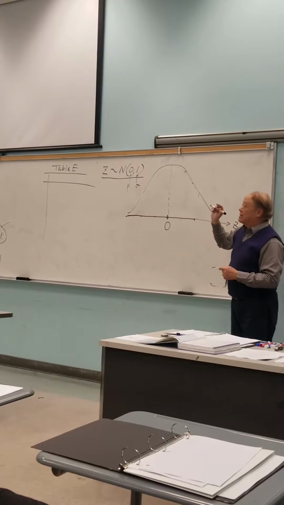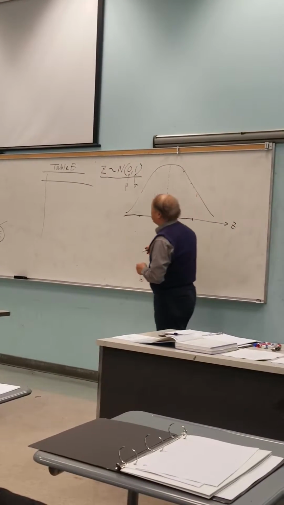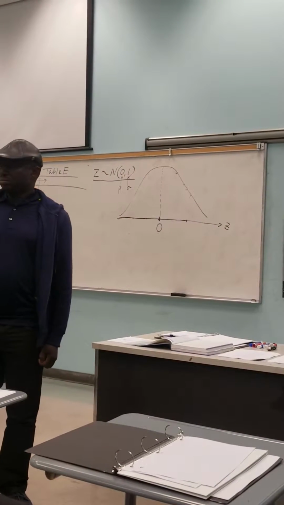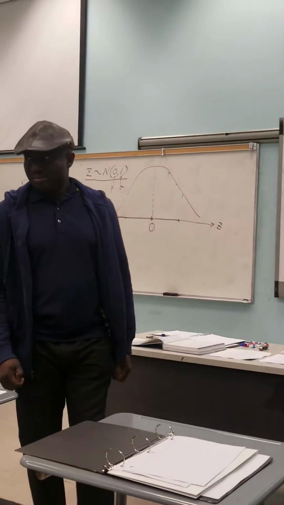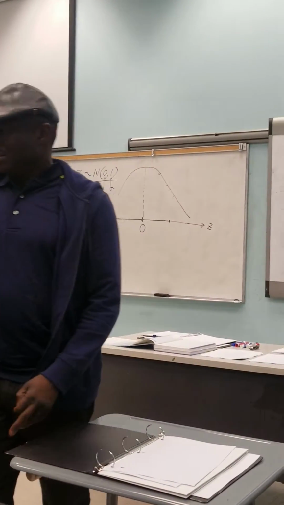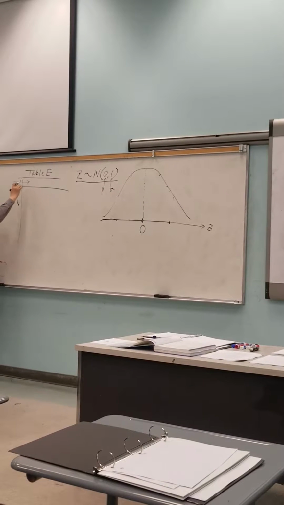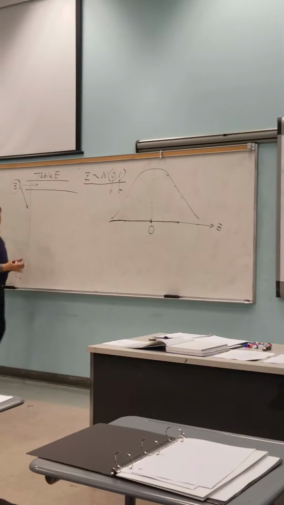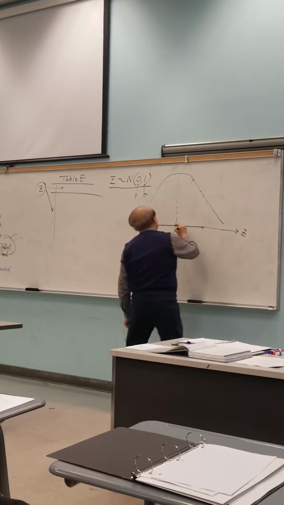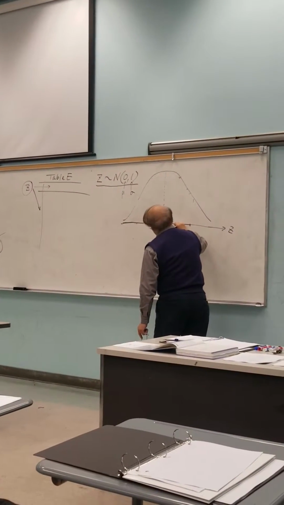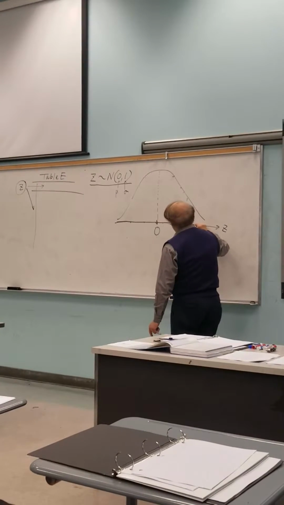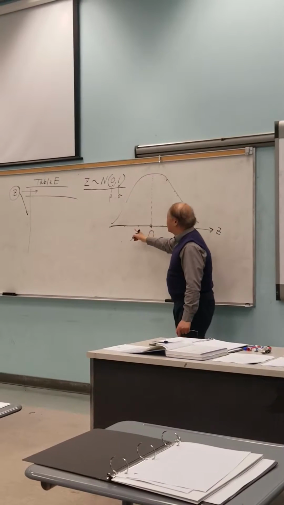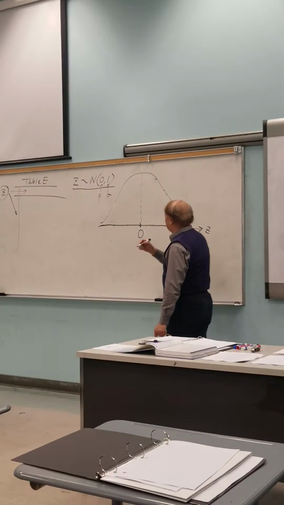Now, everybody understand the table. Look at table E. The left column and the top row represent Z-scores. What does a Z-score mean? Z-scores are the points on the horizontal axis. Every point on this axis is one Z-score.